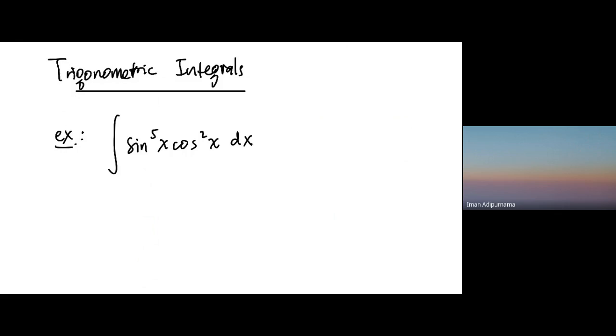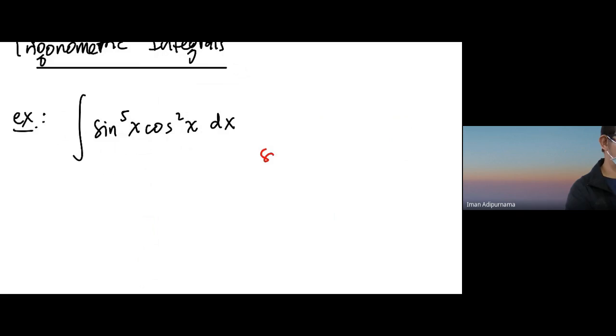Now what we have here is sine with the power of 5, and cos is having power 2, right? The idea behind this is by looking at the basic trigonometric identity.